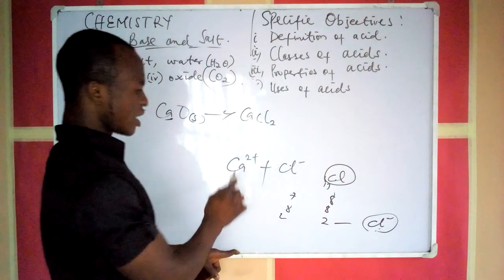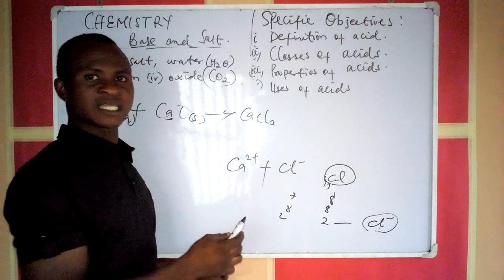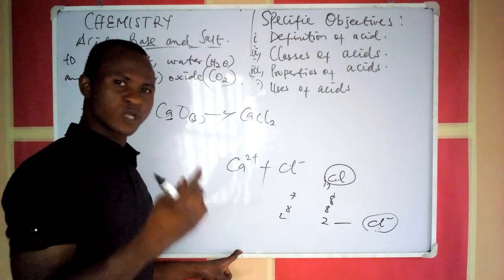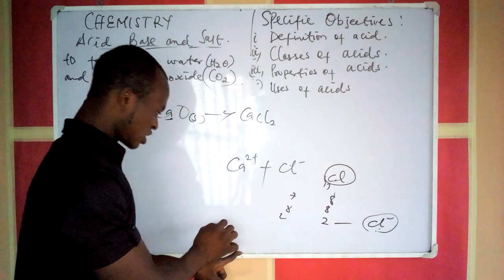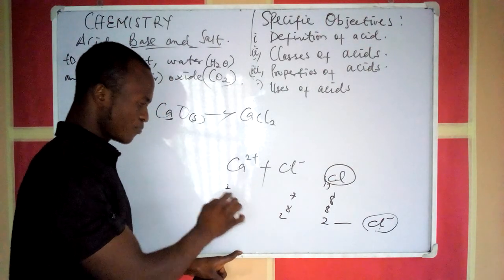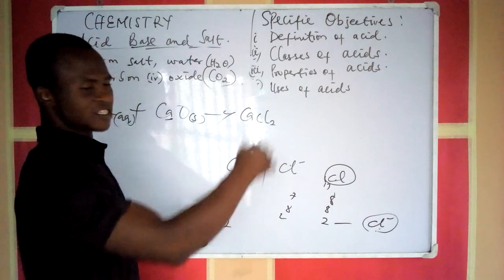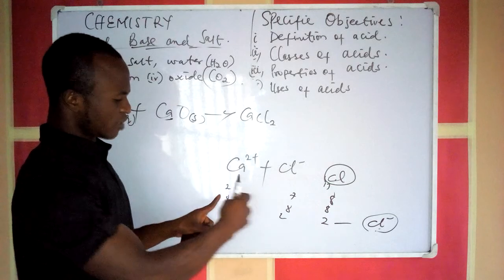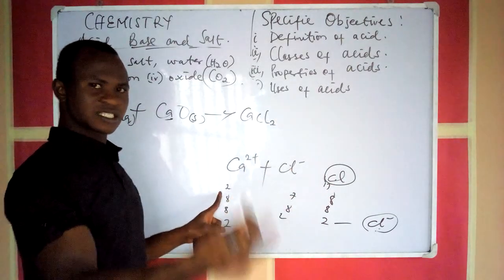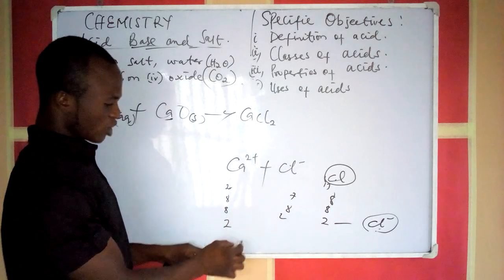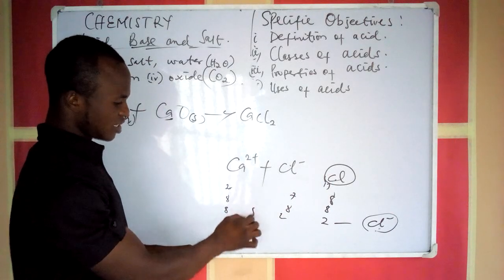Likewise, calcium's atomic number is 20, which means it also has 20 electrons, which means 2, 8, 8, 2. So it can easily give out these 2 rather than receiving 6. When it gives out these 2, it becomes 2, 8, 8.